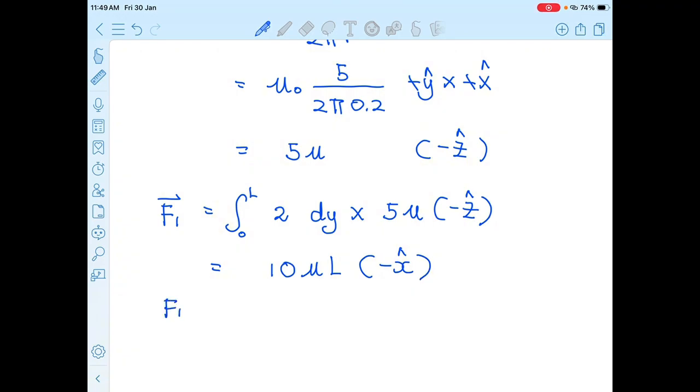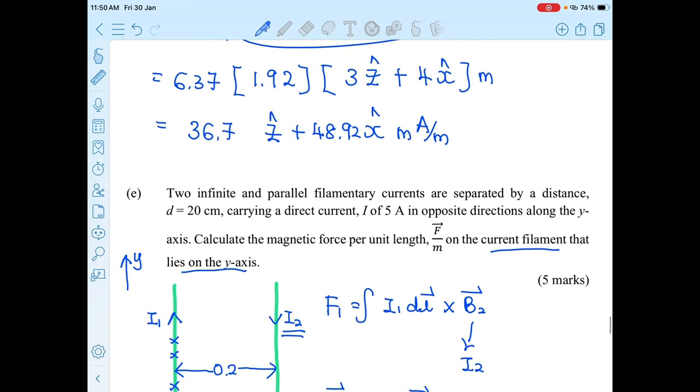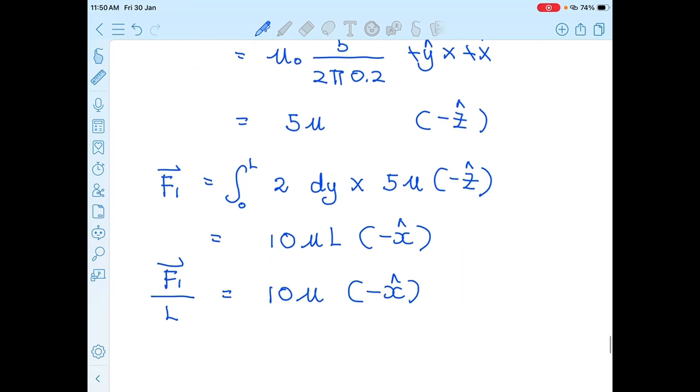Okay, so if the force acting divided by the L, okay, force per unit length, so it will be 10 in the negative x direction. Oh, sorry, the current is not 2, the current is 5, okay, the current is 5, so it's 25, so it's 25. Okay, so Newton.